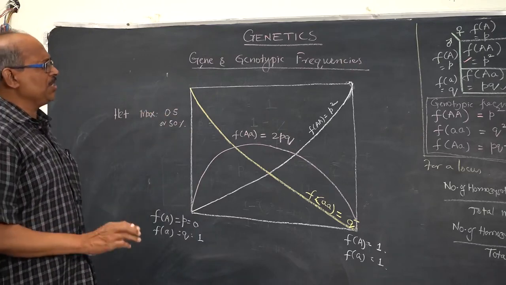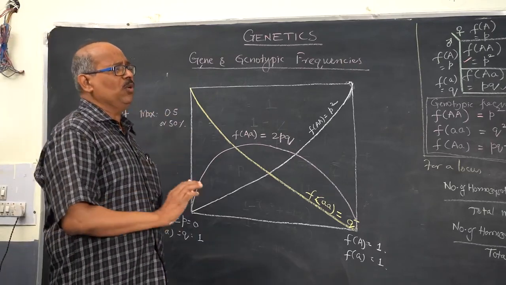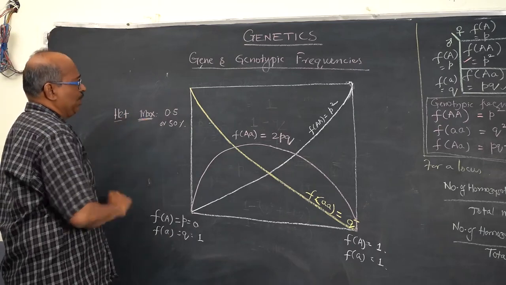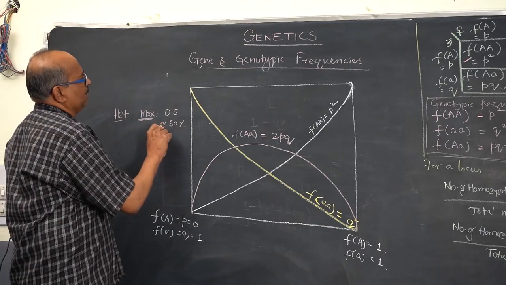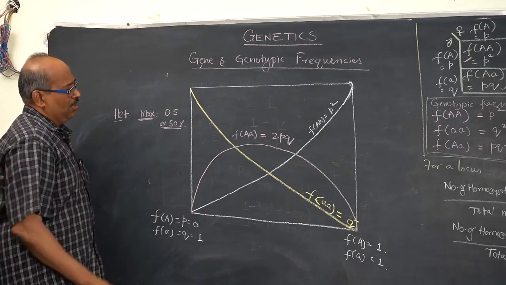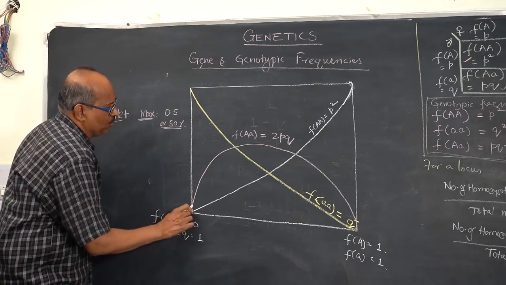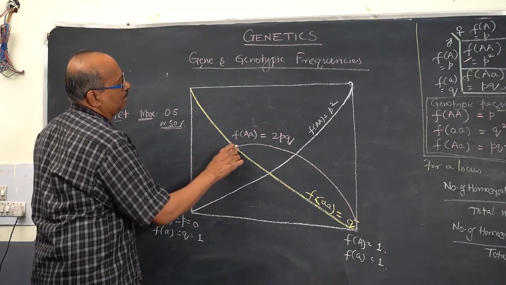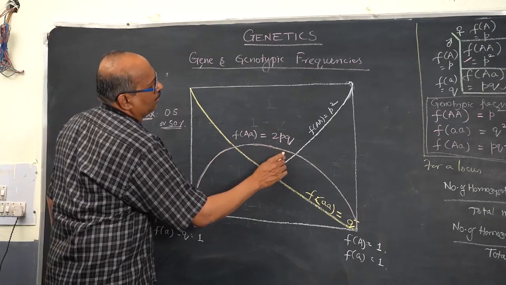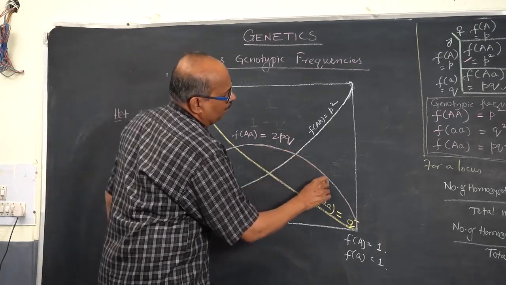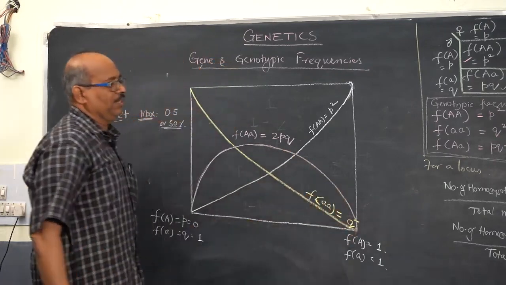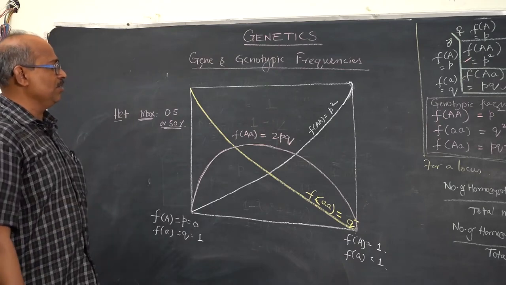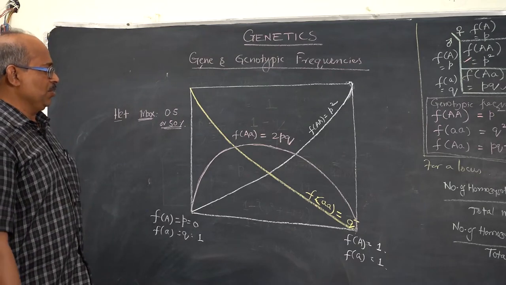In any population which is in equilibrium, you cannot get heterozygous frequency greater than 50%. So heterozygous frequency is gradually increasing, reaching 50% and then gradually decreasing, again coming back to the 0 level. So this is a unique feature in terms of the frequency distributions.